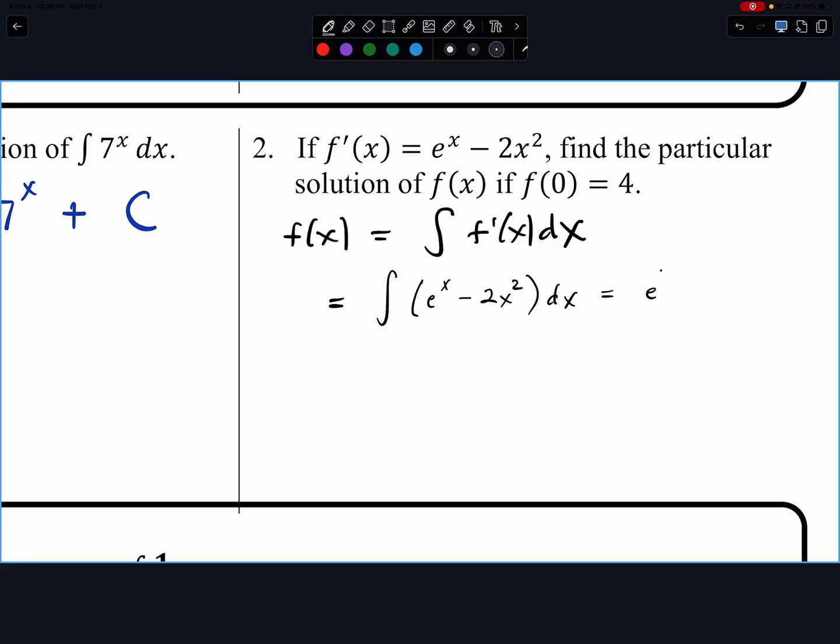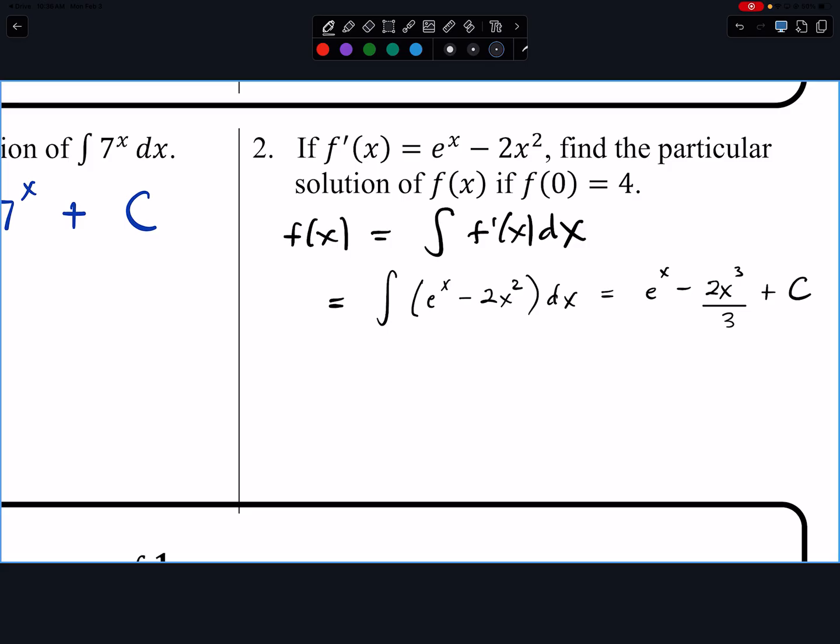E to the x. Wait, hold on, I gotta integrate this too. You're good. Minus, what was the rule? 2x cubed divided by 3. Yes, 2x cubed, add a power, divide by the new power. Oops. Plus c. So this is the antiderivative, okay?